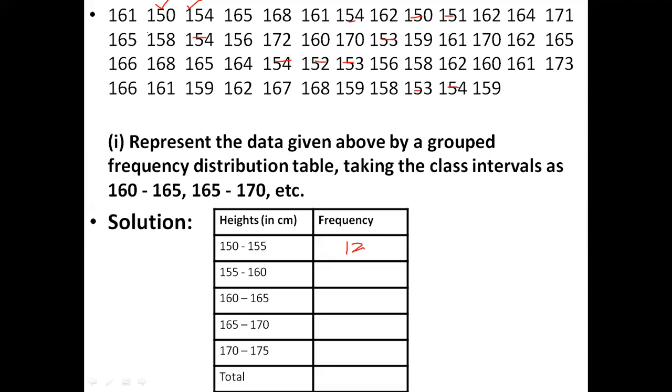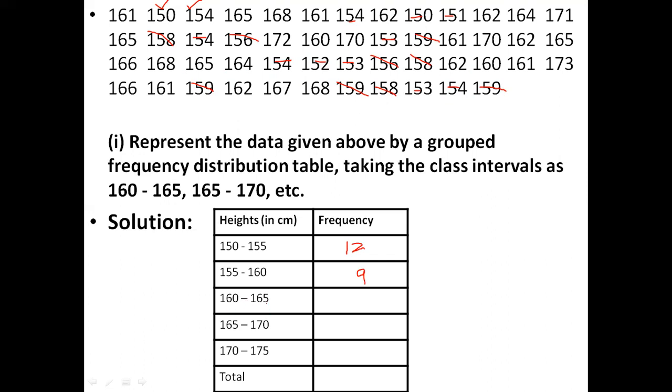So here we have 1, 2, 3, 4, 5, 6, 7, 8, and 9.